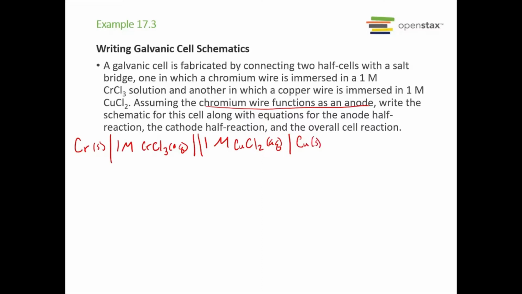Now, when you're writing these cell schematics, one thing that always helped me when I was learning these, because I always wanted to write the metal first on both parts of it, and then I went, oh, you know what? I think of it as kind of a sandwich. I have the metal. It's like the hard part, the bread of your sandwich is on the outside. And then your mustard and mayo for a sandwich, your aqueous part is on the inside.